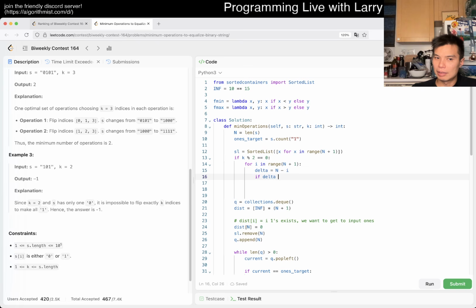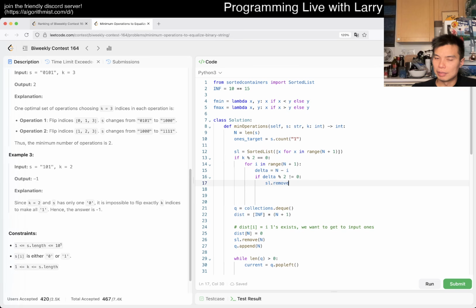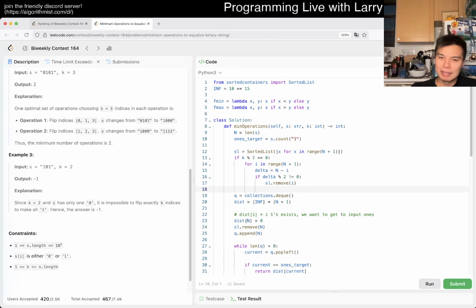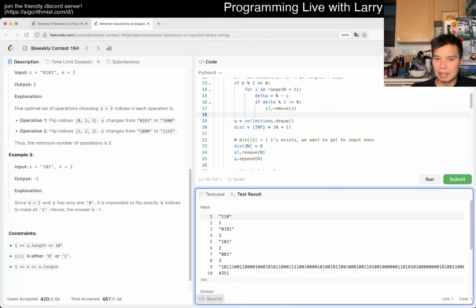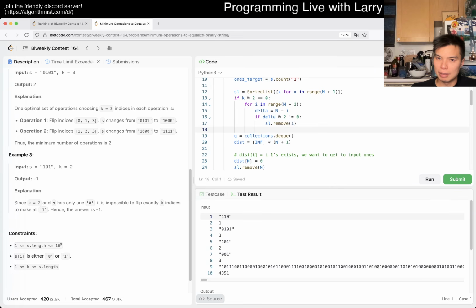If delta mod 2 is not 0, then we just remove it. Don't even think about it. I mean, that wouldn't change the case for us because it's odd, but at least it makes it a little bit faster.